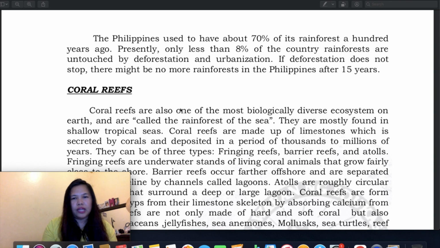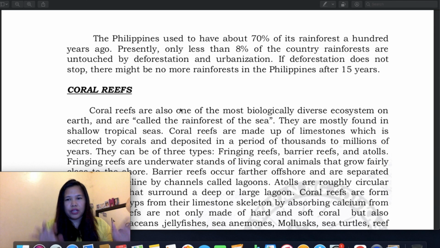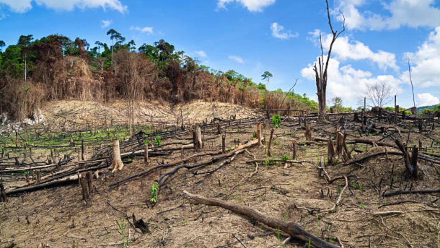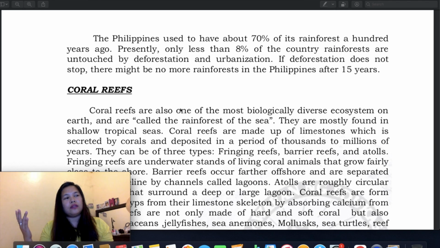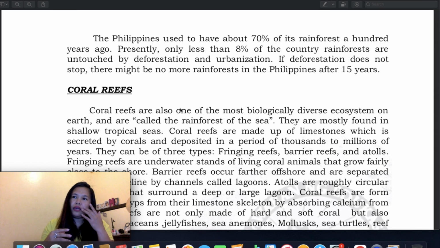So, sad to say, ngayon ay 8% of the country rainforest ay nawawala na siya. Unti-unti na siyang nawawala. So, when we say deforestation, yung iba pinuputol dahil ginagawang sa bahay, mga furnitures, yun, basta ginagamit naman siya sa economics natin.